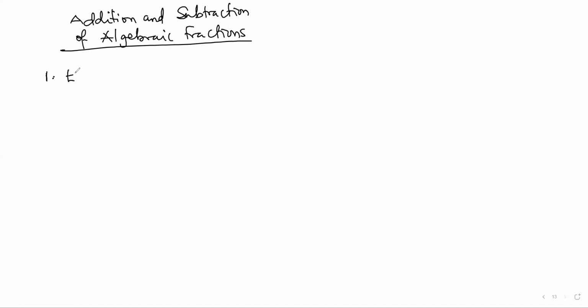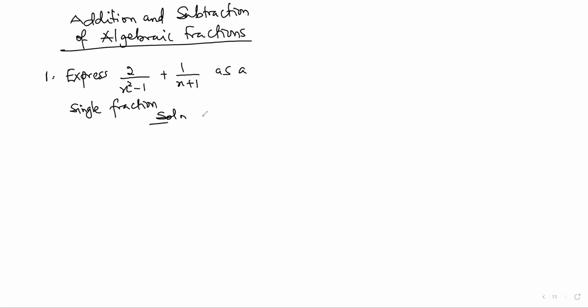Express 2 divided by x squared minus 1 plus 1 over x plus 1 as a single fraction. Use the knowledge of ordinary fractions to solve this. So this is 2 divided by, the denominator is a difference of 2 squares, so it becomes x minus 1 times x plus 1, plus 1 divided by x plus 1.